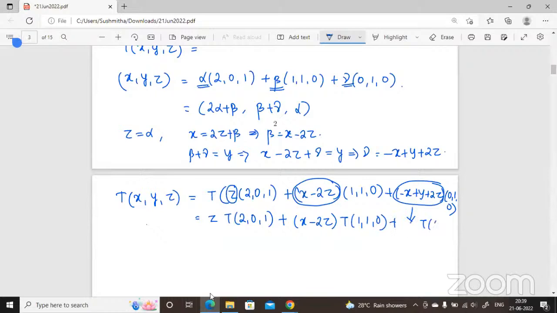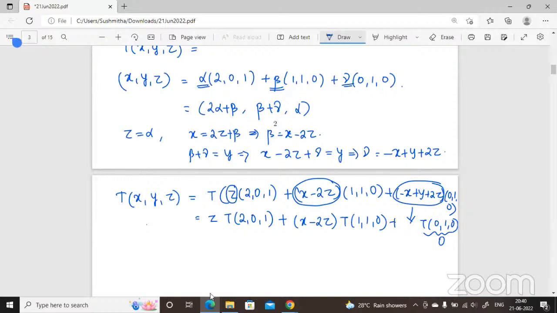So you cannot write T of x comma y comma z directly. You have to express x comma y comma z in terms of the basis elements and then write the transformation.